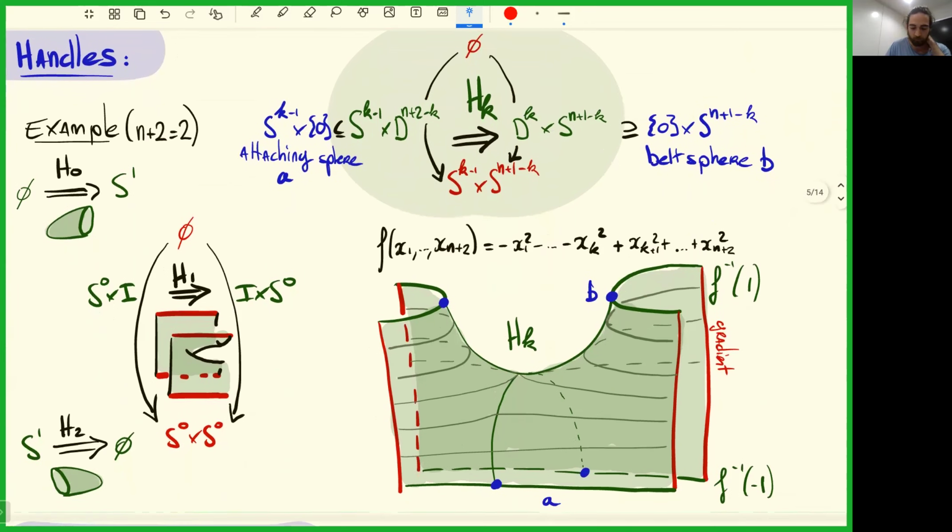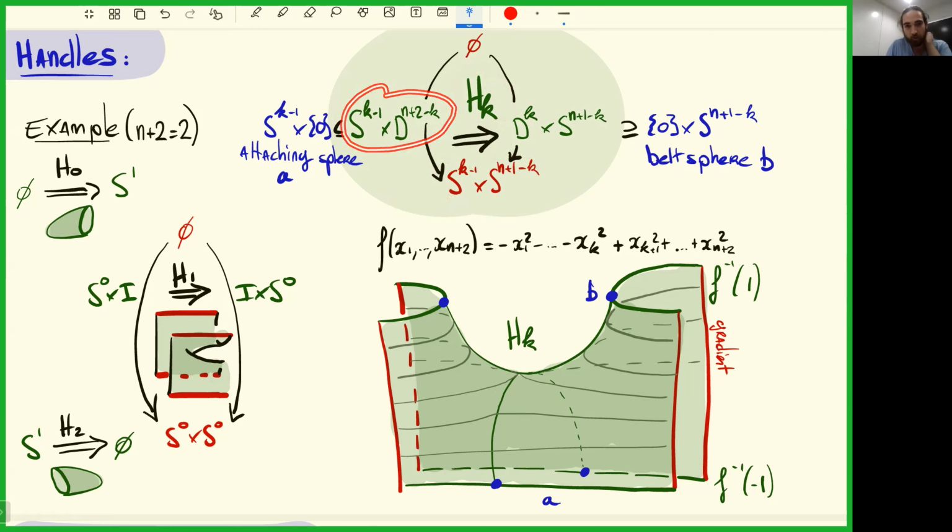Okay. So first, handles. What are these generators? The handle attachment H_k is going to be a two-morphism in my category, so an n+2 manifold with corners. The corners are going to be a product of spheres, S^{k-1} cross S^{n+1-k}.